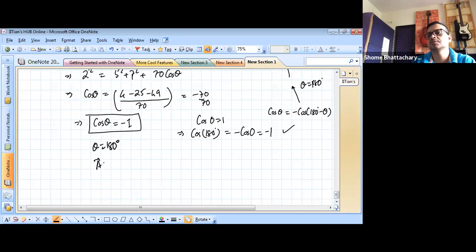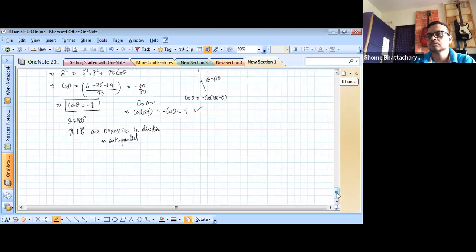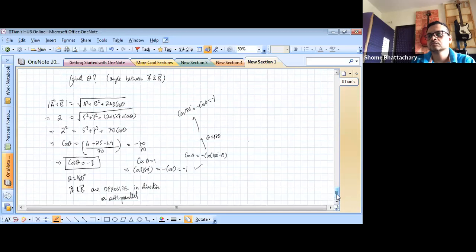That means A and B are opposite or anti-parallel in direction. Okay, so just make a note of this.